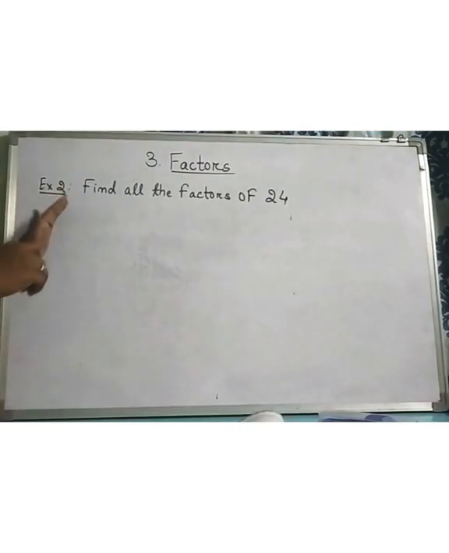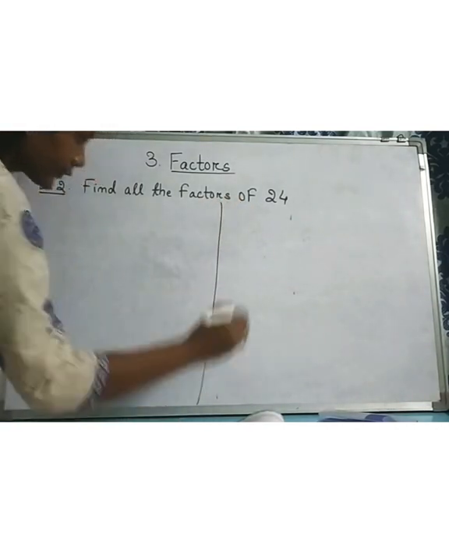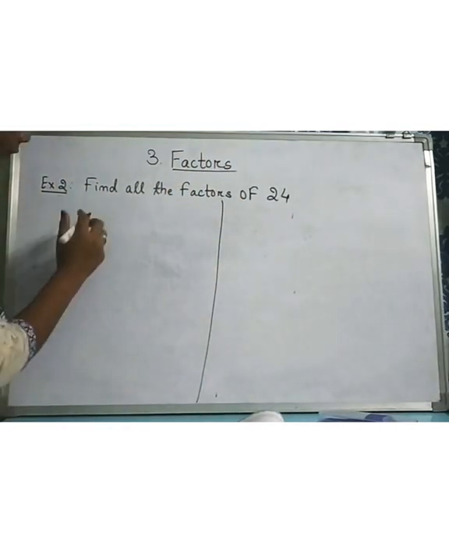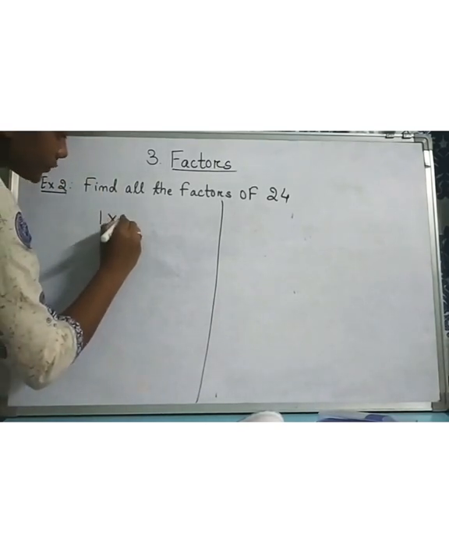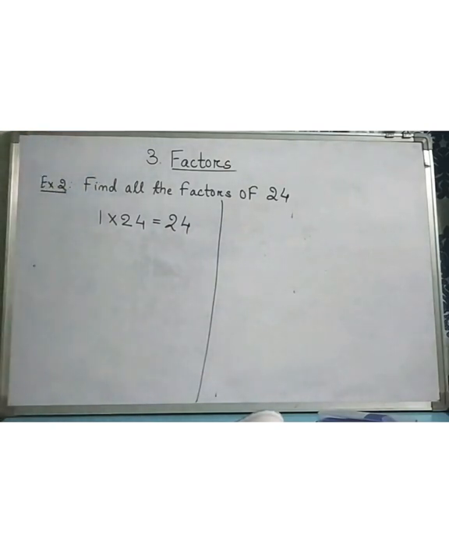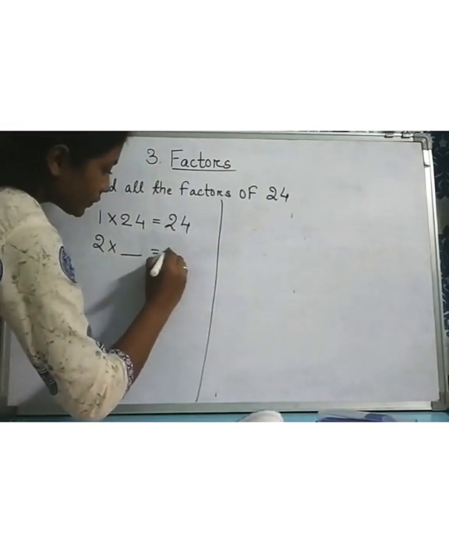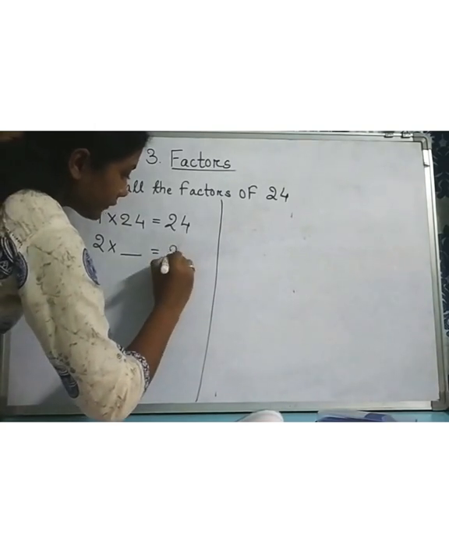Now, with the help of another example, let us find the factors of 24. Again, what will we do? The first factor will be 1. 1 into 24 is equal to 24. Then 2 into dash equals 24.